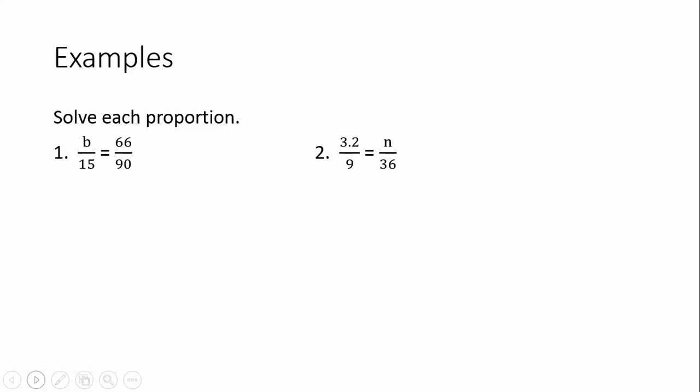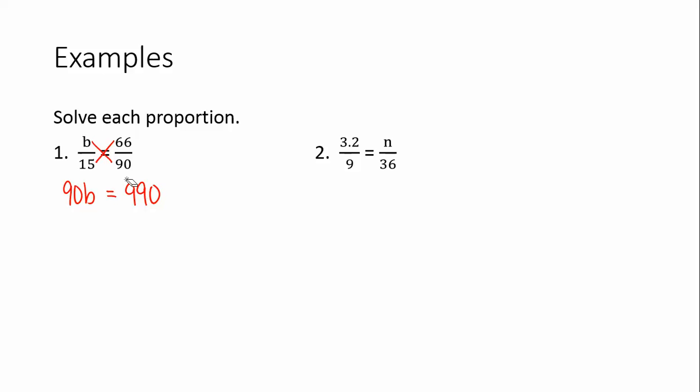So let's solve the proportion. When you solve proportions, we are going to cross multiply and then set the two cross products equal to each other. So first we do B times 90, which is 90B, and we set that equal to 15 times 66, which is 990.